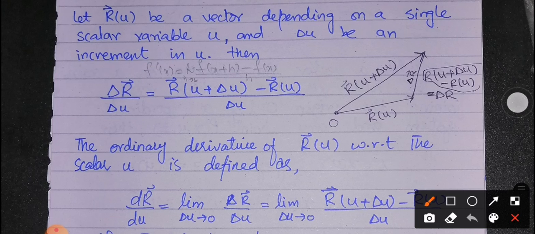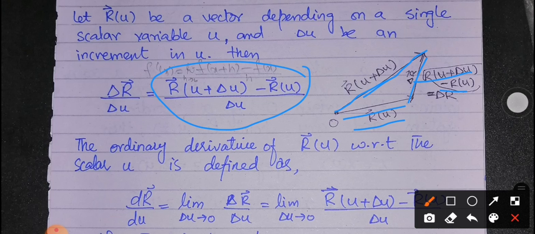So let's suppose this is my vector r of u, and I am adding some vector delta r, because we have to increase the function by a smaller amount. So r plus delta r is the resultant, that is r of u plus delta u. Clearly, r of u plus delta u minus r of u will be equal to delta r.